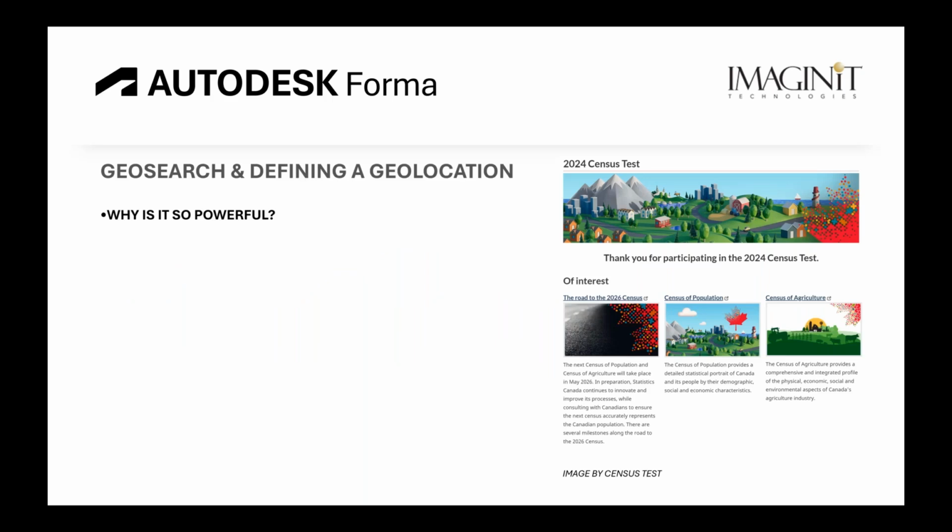Now, Geosearch, we're defining a geolocation. So these are coming from the GIS domain. Geosearch and geocoding are crucial terms when it comes to map creation. These processes utilize data often generated by governments, cities, and municipalities.